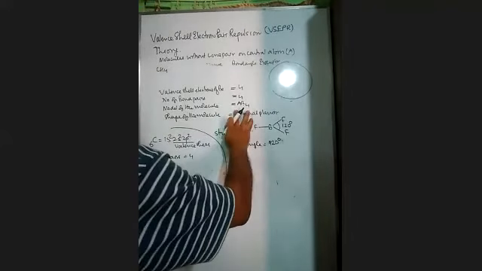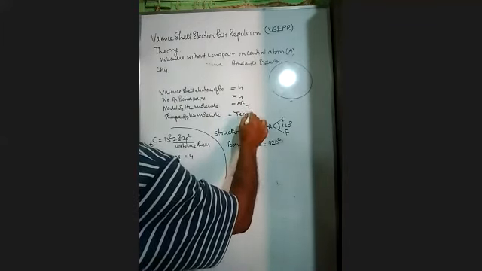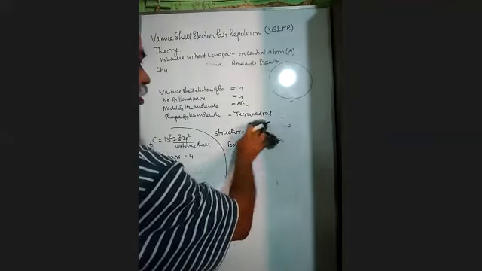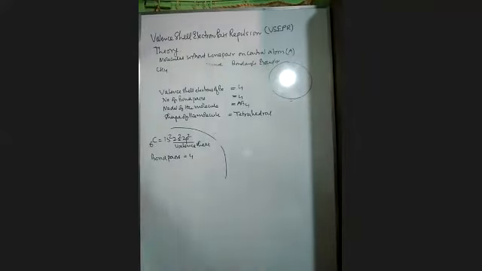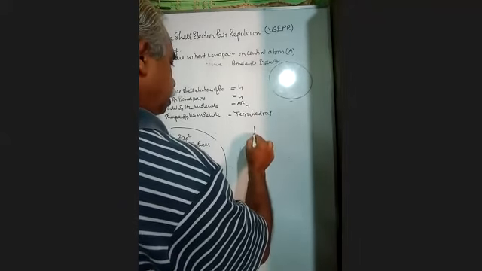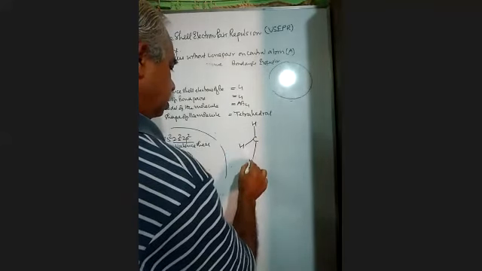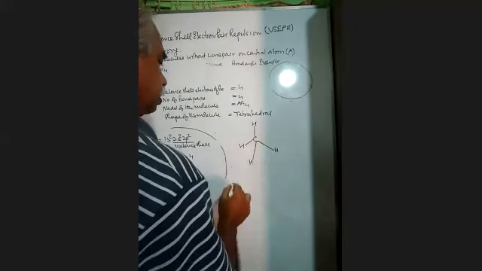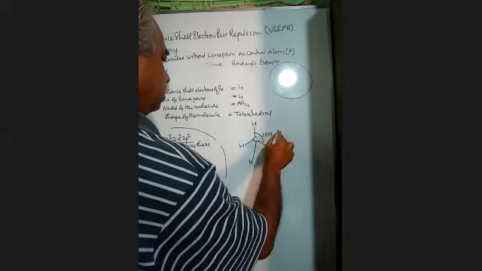And what will be the structure? Tetrahedral. How will it look? C with H, H, H and H. And what is the bond angle here? 109.5 degrees.